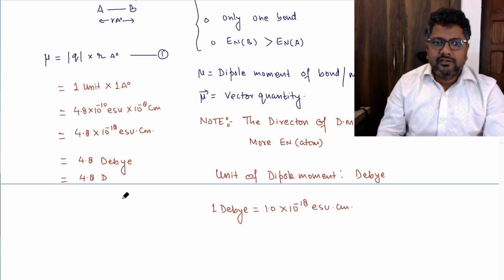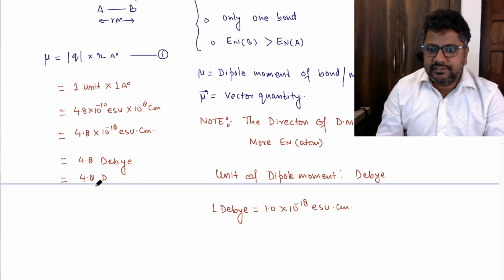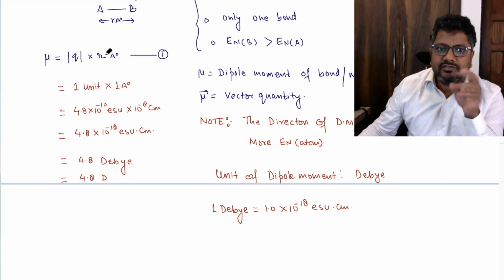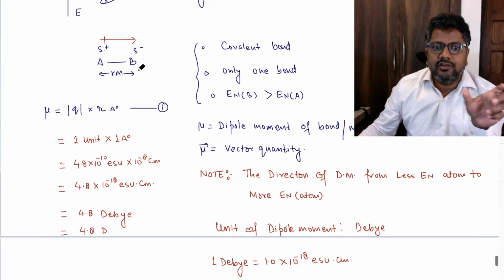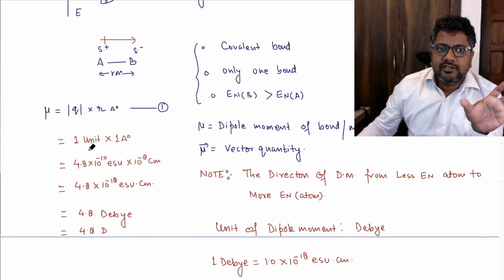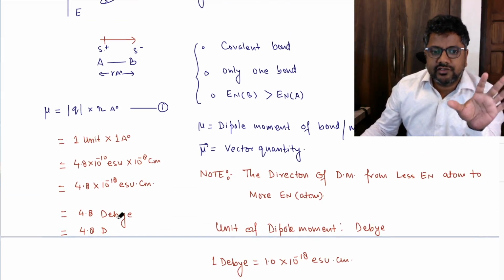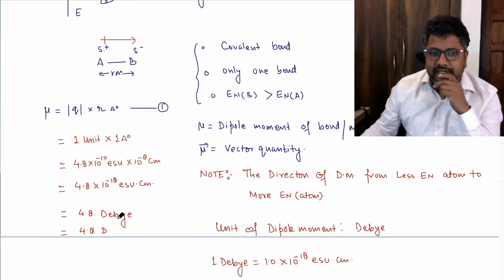So if the magnitude of charge is 1 unit and the internuclear distance is 1 angstrom, the dipole moment of that bond is 4.8 debye.